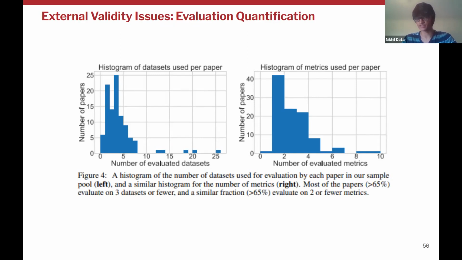Perhaps that's one place where improvement can occur. There's not really an ideal number of data sets and metrics that should be used, but perhaps it would be easier to see transferability across different learning problems if researchers did it themselves in their own studies.